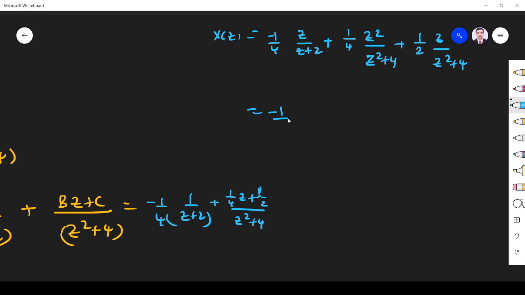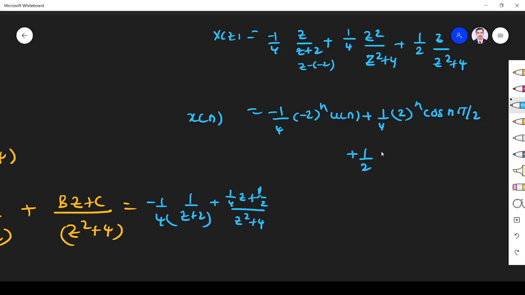So we know it is minus 1 by 4 x of n, inverse z by z plus 2. It is z minus 2. So a is minus 2 power n u of n. Right? This is 1 by 4. What is the thing? It is 2 power n cos n pi by 2. It is 1 by 2, 2 power n, 1 by 4, 2 power n sin n pi by 2.